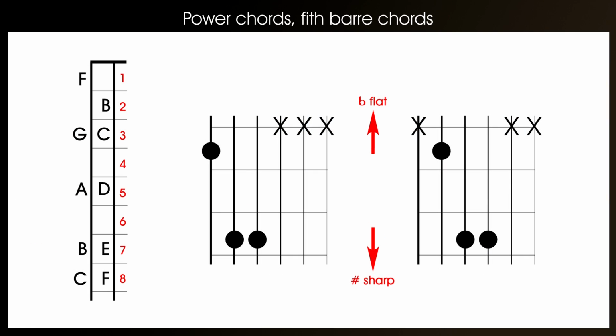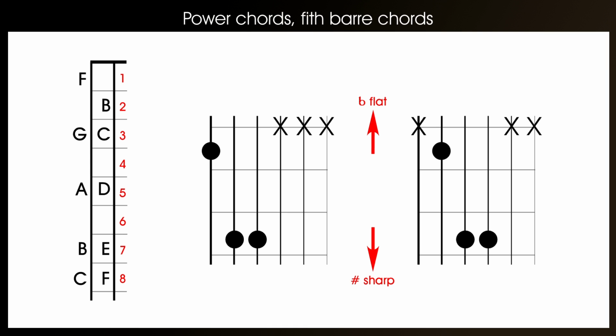If you look at the name of the notes from the 1st fret to the 8th fret using the bottom E string and A string, you'll notice you've got the complete set from F to F. You can also find the sharps and flats by simply taking the chord up a fret for a sharp or down a fret for a flat, remembering that down is going towards the nut or the headstock, and up is going towards where you pick or strum.